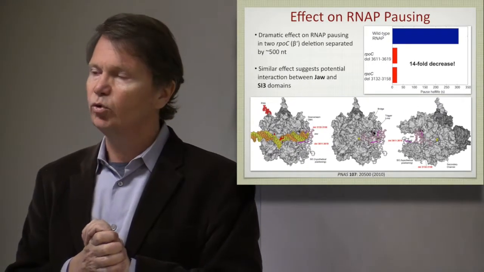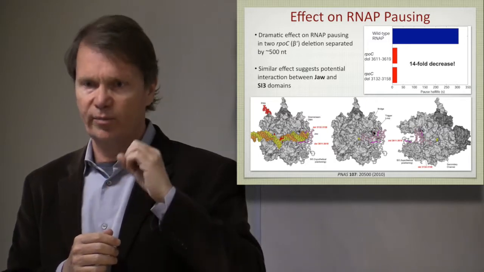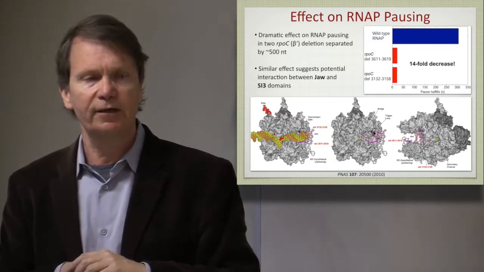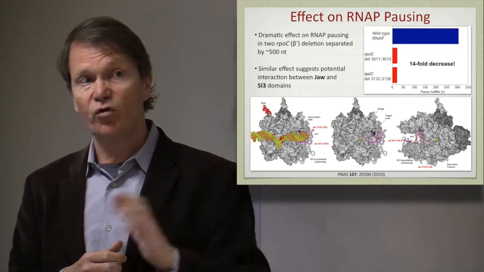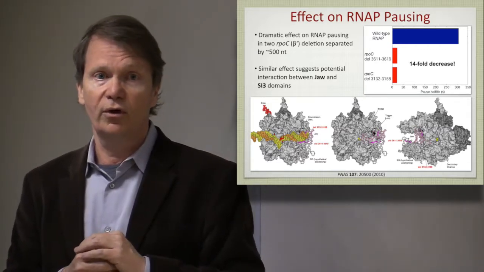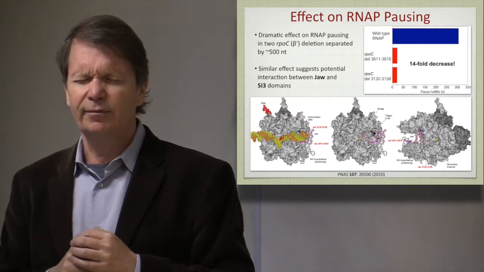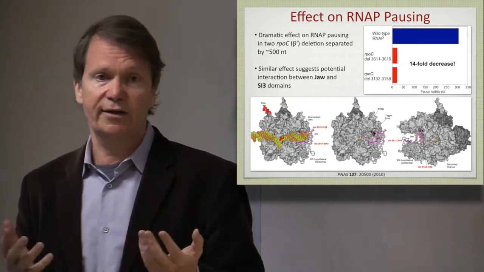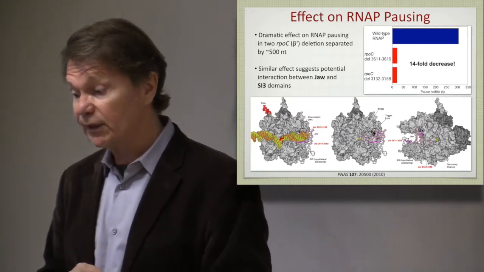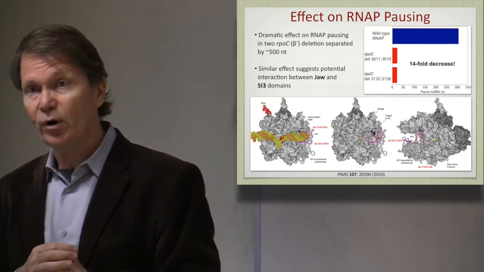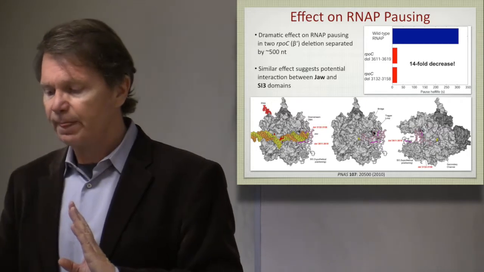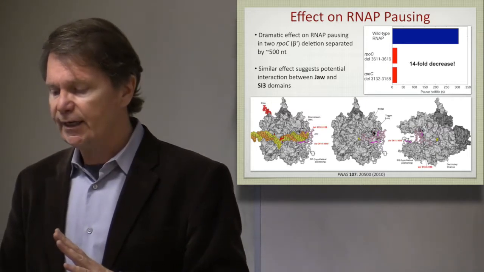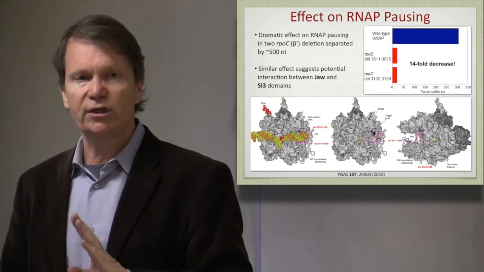The mutated form just doesn't stay long on the promoter, it just immediately starts transcribing the gene. So you can measure something like that. This, of course, is impossible to measure in vivo, and it may be differential from one gene to the next. So this is kind of hard to deal with, but at least you know some of the kinetic properties of the polymerase are changed. So that's an inquiry at the molecular biology level.